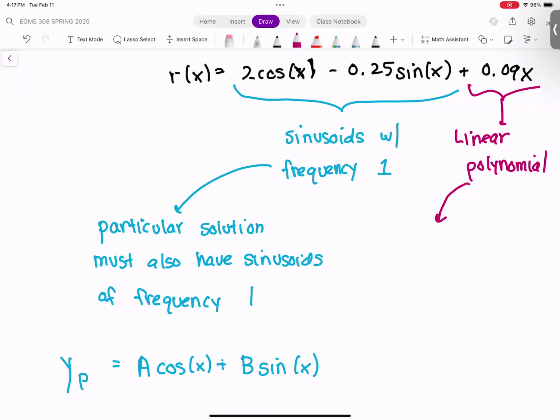So in this case, our particular solution also has to include a linear polynomial, but it also has to include all the lower order terms as well, of which there's only one.